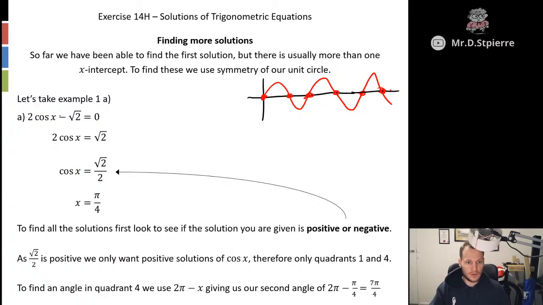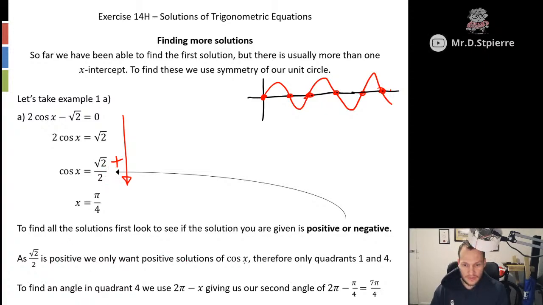So we work through solving this, okay, we get pi on 4. To find all the solutions, first look to see if the solution is given as positive or negative. So in this case it was positive here. Our horizontal component, cos of some angle, gives me root 2 on 2. That is a horizontal component of size root 2 on 2. It is positive.